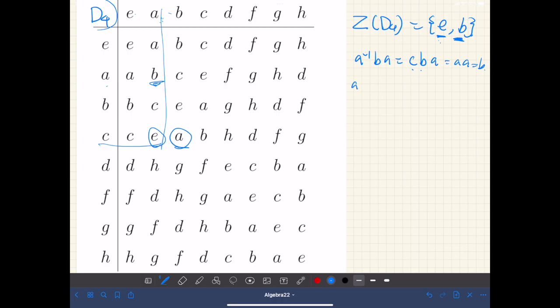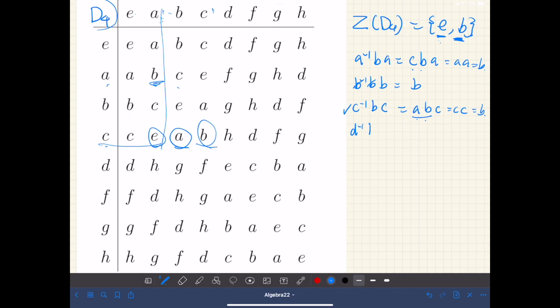And obviously B inverse B times B is of course B because they just cancel. What about C inverse B C? C inverse is A, as we have seen before. So A B C, and AB is C, so this part is C, so CC, and C times C is B. So again, this is okay.